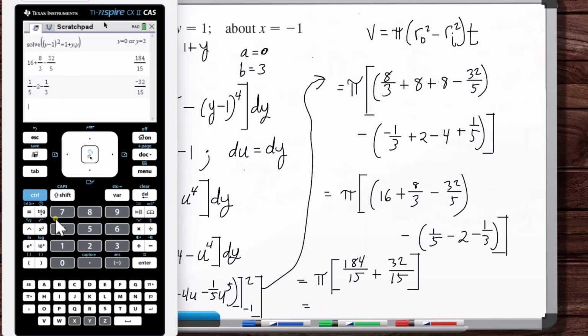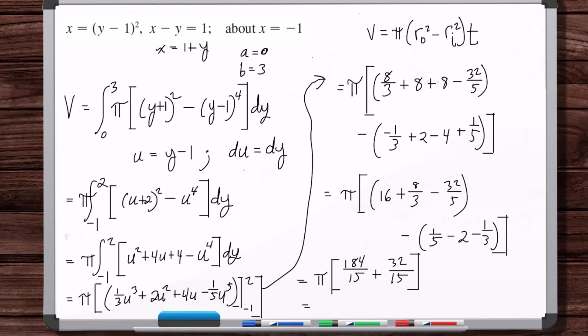So 184 plus 32 divided by 15 is 72 over 5. So 72 pi over 5. The textbook answer key says it's 117 pi over 5.